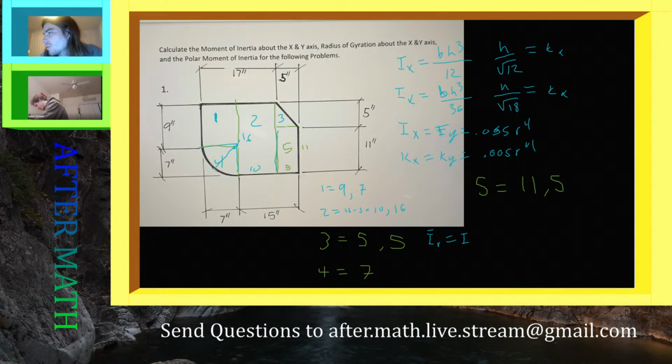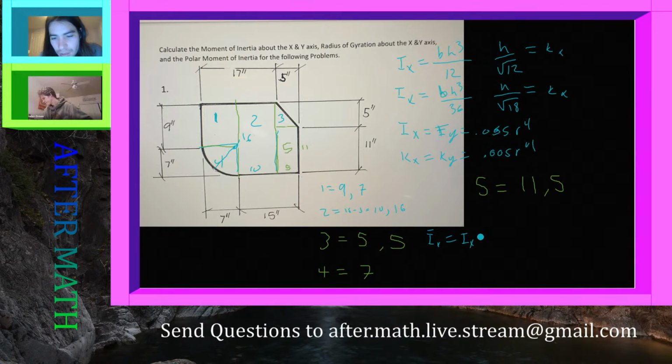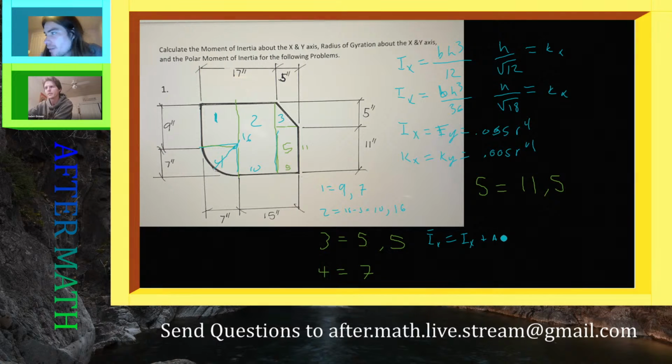Okay, so we need to transfer these about the center, which is this. So we have our I of x, right? And then we're gonna add this times the area times the distance.